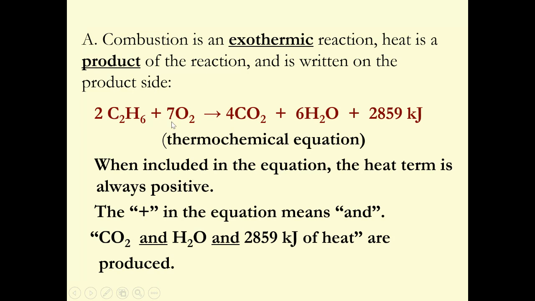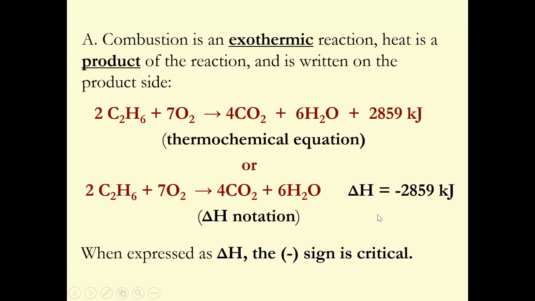So if I want to include it, I would put it on the product side, along with the products, carbon dioxide and water. So really, a plus sign in an equation means and. When C2H6 is burned in the presence of oxygen, CO2 and H2O and so many kilojoules of heat are produced.